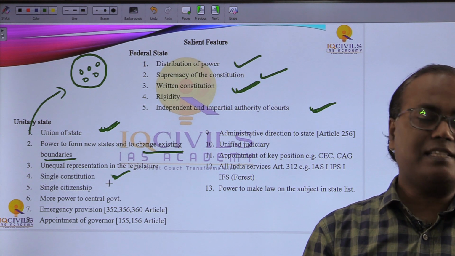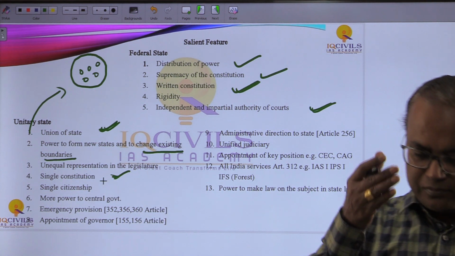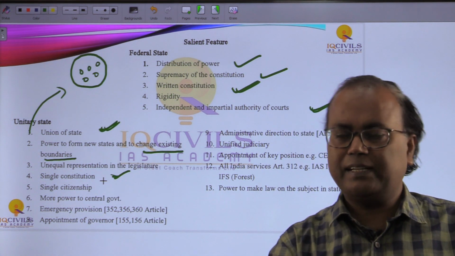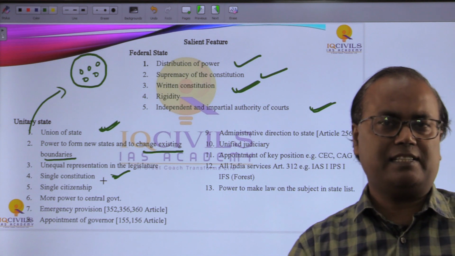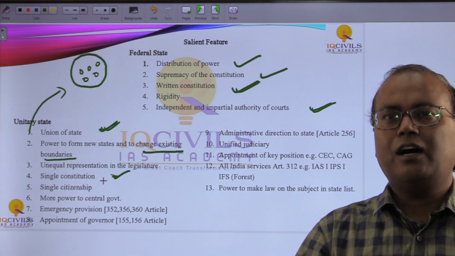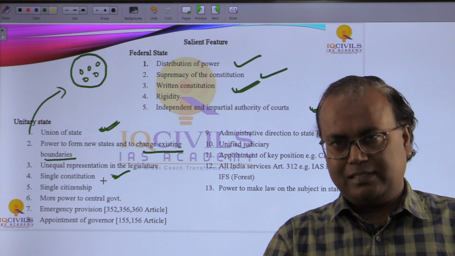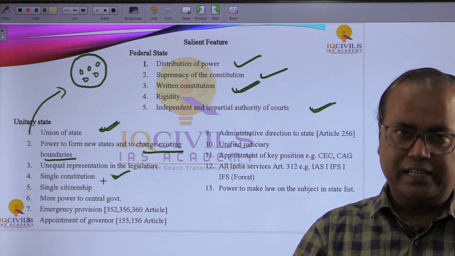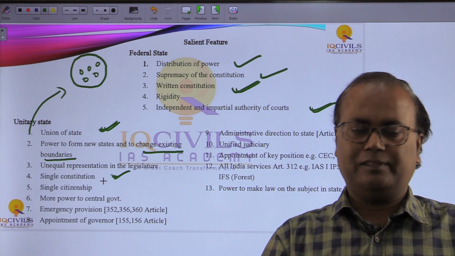In the USA we have dual citizenship, central citizenship and the citizenship of the state, but in the case of India we have a single citizenship. You are a citizen of India, not a citizen of Assam or Nagaland, okay. You are a citizen of India, not a citizen of India and Kerala, okay.